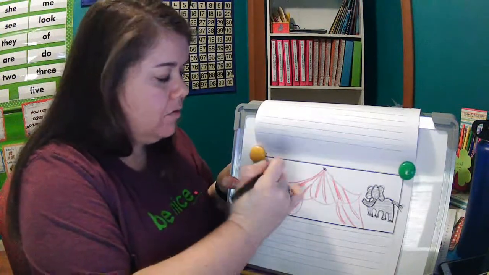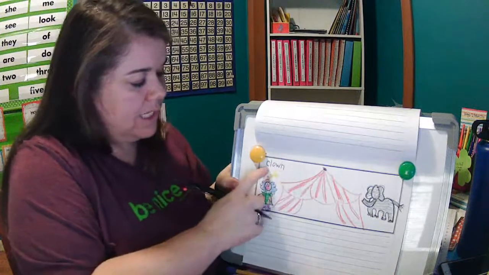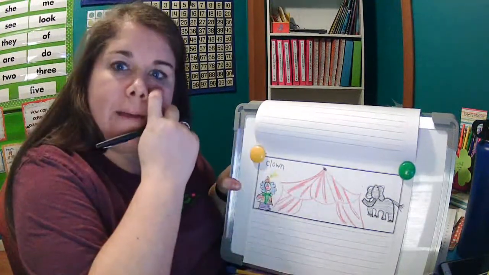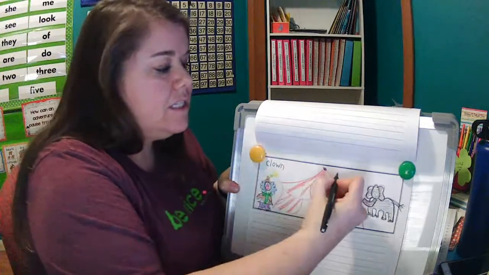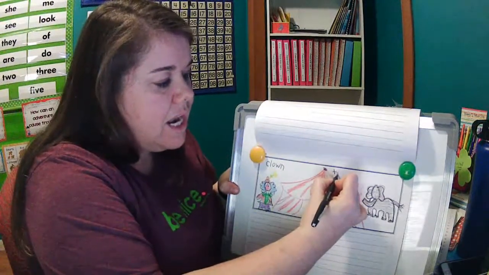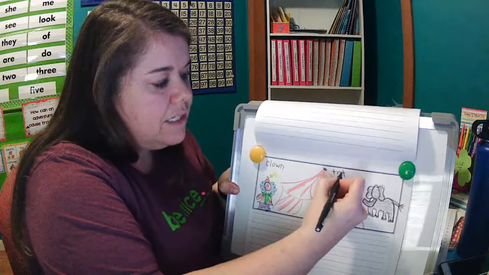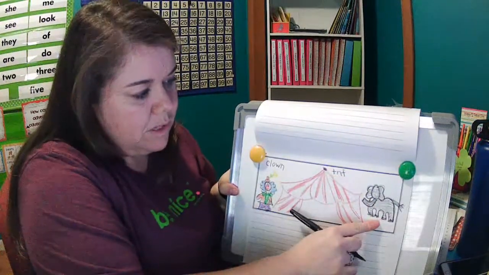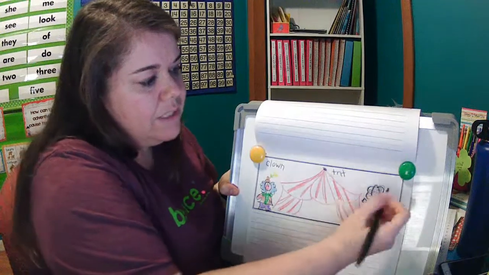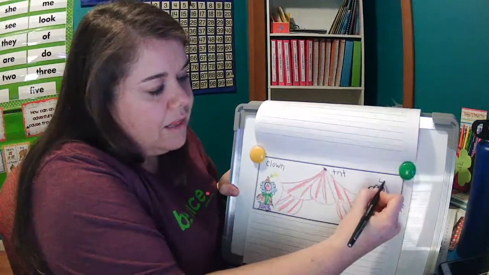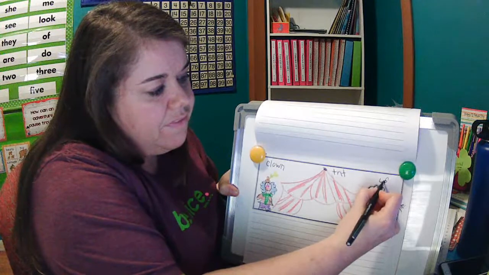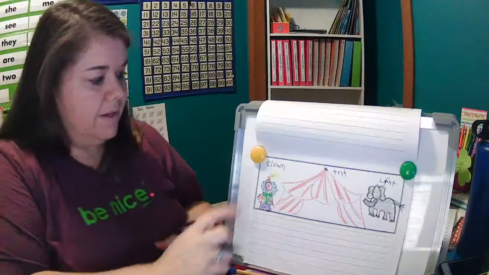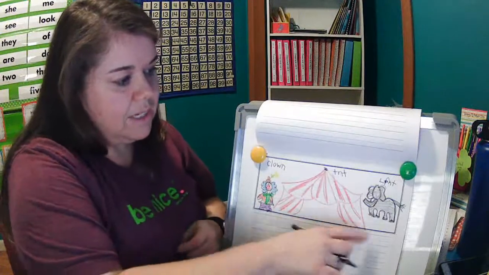Clown. That's an N. All right, so that's a clown. This is, what did we call that? A tent. Tent. Okay. And then this one is an elephant. Elephant. Okay. A clown, a tent, and an elephant.